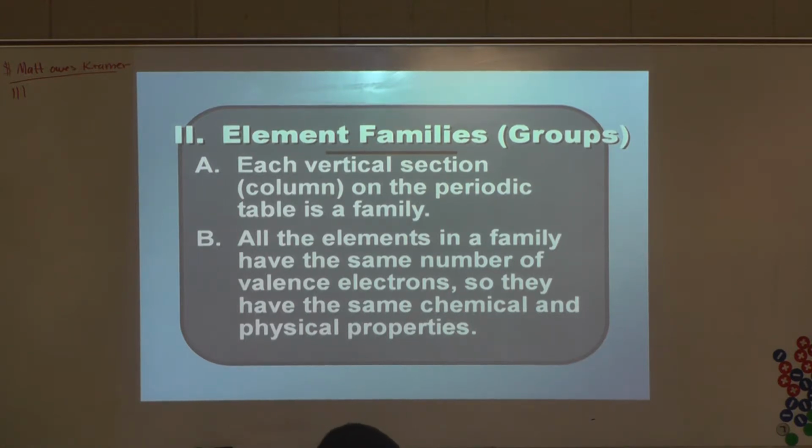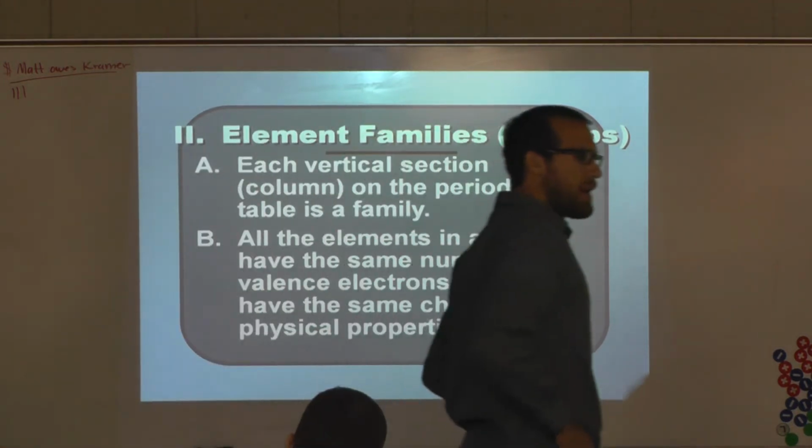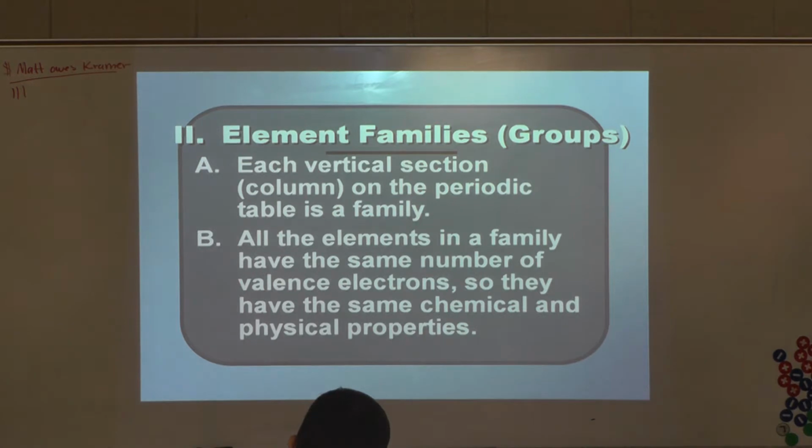What does that mean? What does periodic mean? Didn't we talk about this yesterday? Recurring, repeatable? Okay? So, groups and families are part of the repeatable or reoccurring properties.